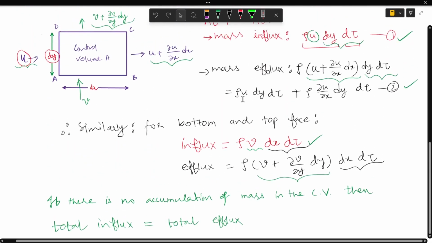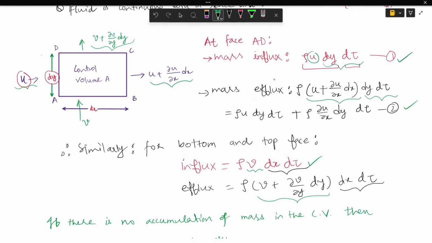So what is the total influx? The total influx will be equation number 1 and equation number, suppose I want to name this, okay. So we can see that this is our influx and this is also influx.